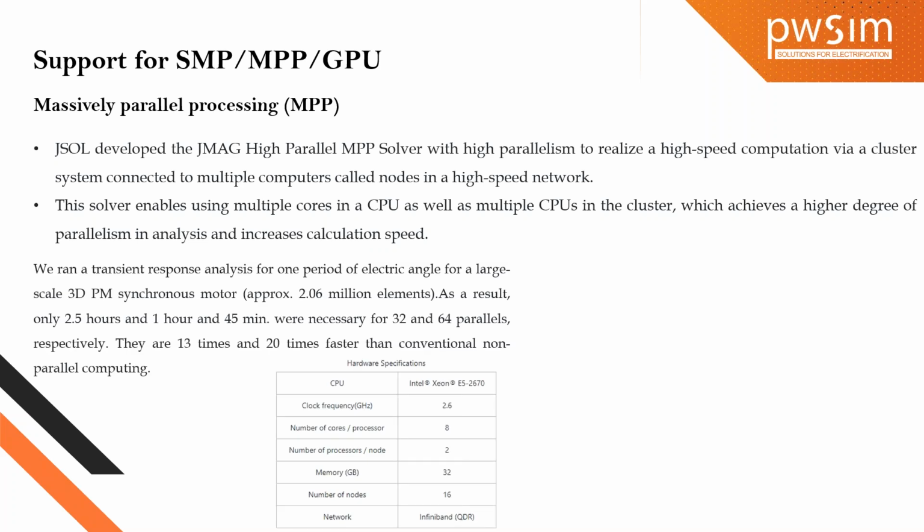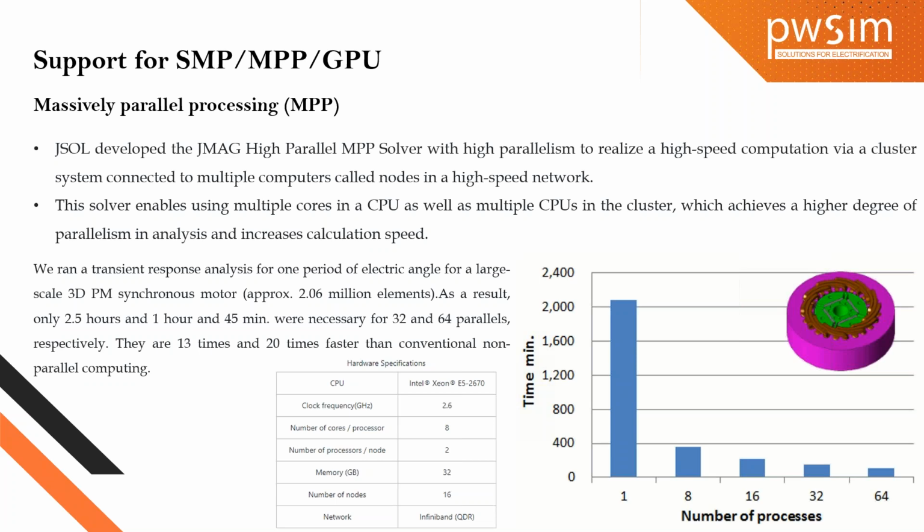We have an example of how MPP performs using JMAG in a cluster connected to a high-speed network. We ran a transient response analysis for one period of electric angle for a large-scale 3D PM synchronous machine, which has approximately 2.06 million elements.